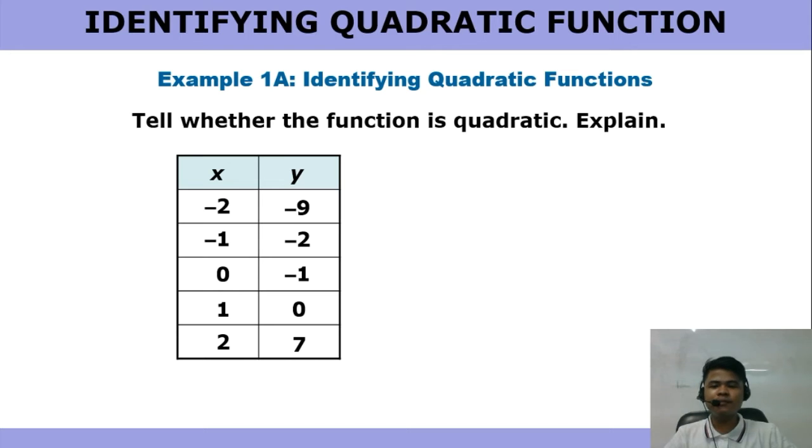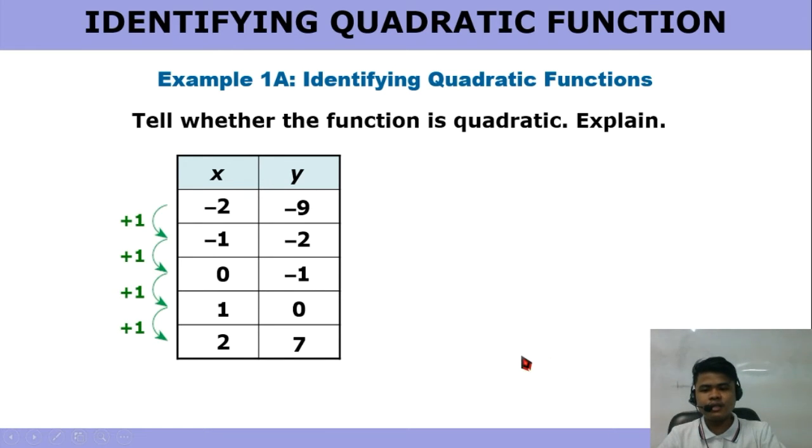We have an example here. Tell whether the function is quadratic and explain. What we will do here is first check if there is a constant change in x values. There is a constant change because the differences are 1.